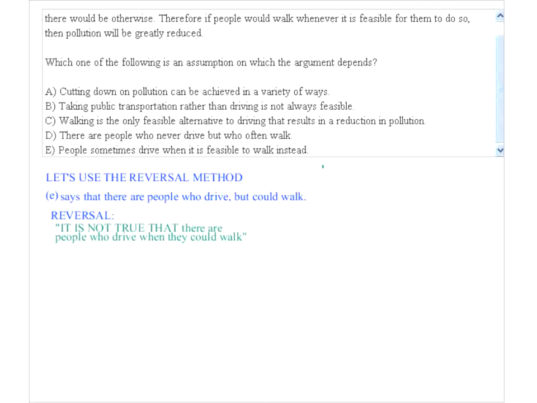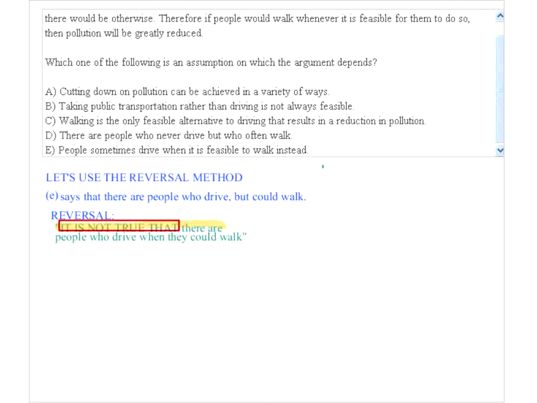Remember, you've got to be really careful about the way that you reverse these things. It helps to actually just stick these words in front: it is not true that. And then you see what you get out of doing that. So if it is not true that there are such people, then that means there are not such people.